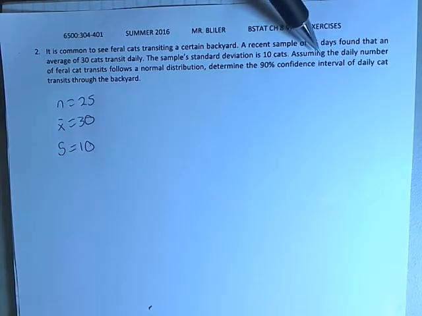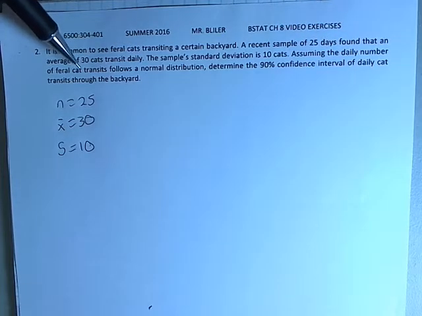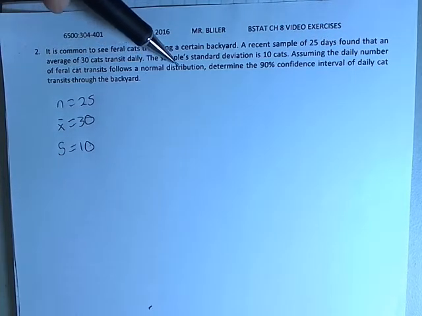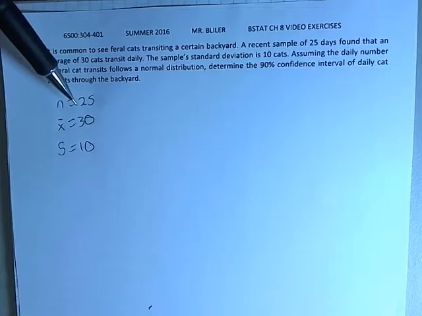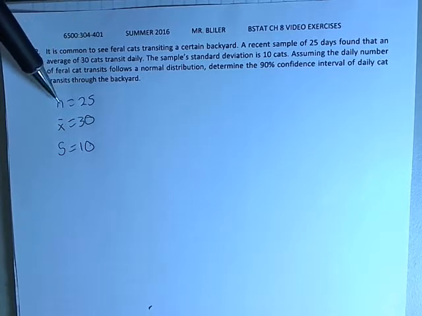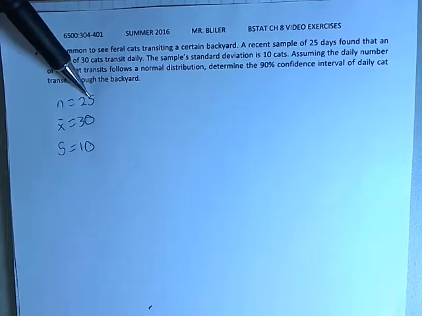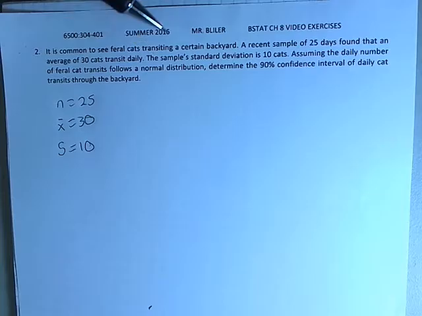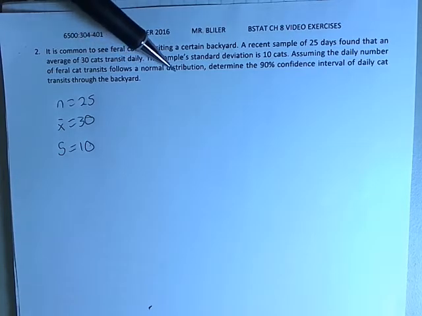Also here, we're told to assume the daily number of feral cat transits follows a normal distribution. That's important here because one of two assumptions must be met. Either our sample size must be 30 or higher, which in this case it's not. Lacking that, we need to know that the underlying population of the sample has a normal distribution.